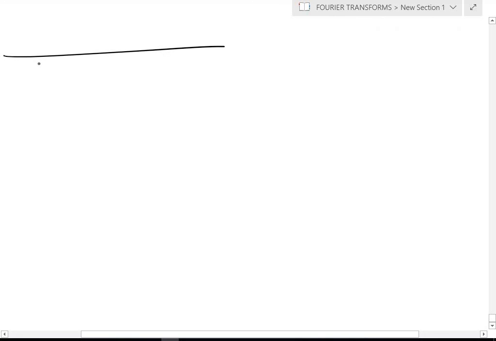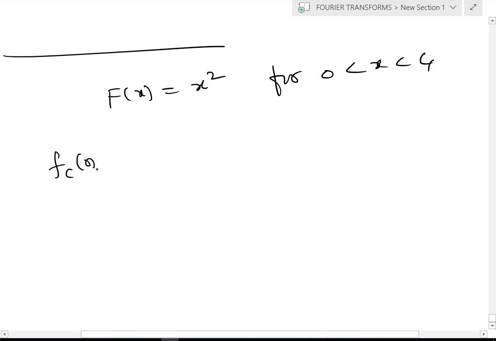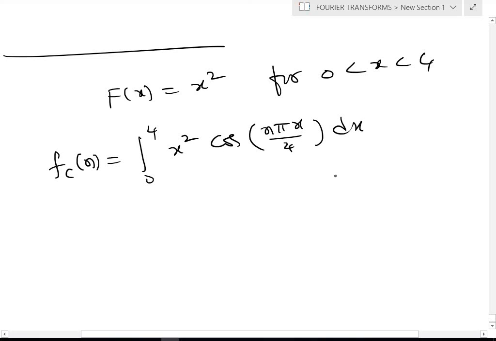That sum what we have taken, the function f of x is given as x square for 0 less than x less than 4. Then during the Fourier cosine transformation, I have n is equal to integral 0 to 4 x square into cos of n pi x by 4 dx. I need to validate for n is equal to 0.